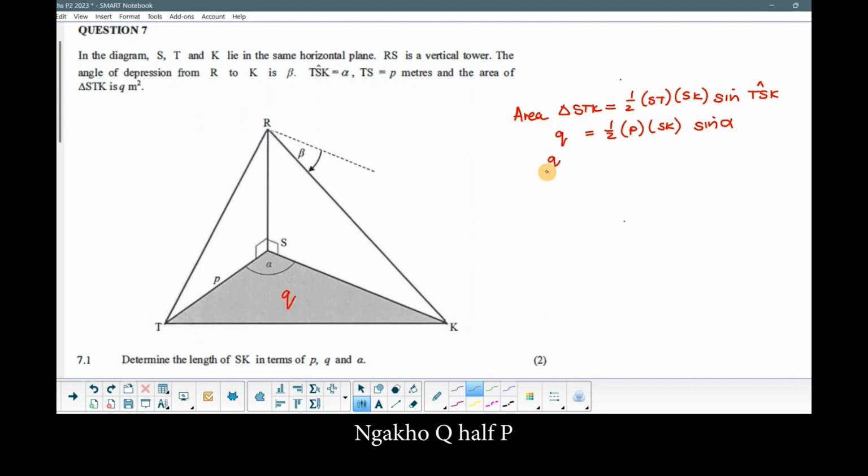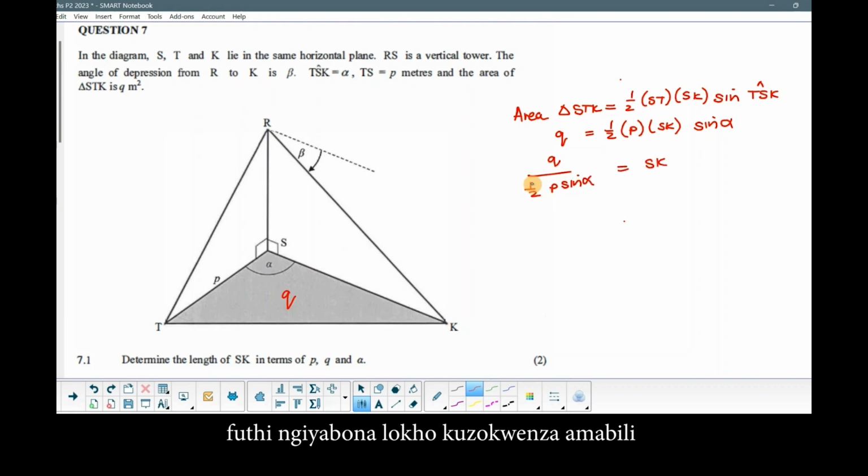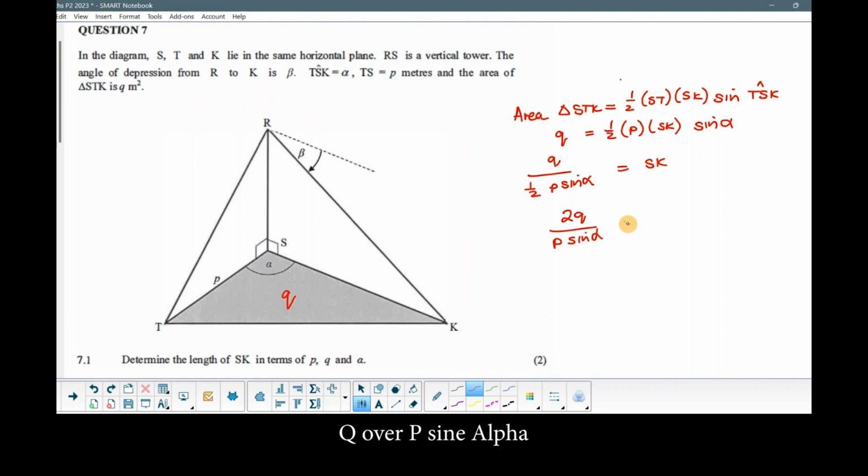So Q over half P sine alpha is equal to SK. And to neaten up, I will flip and multiply to give me 2Q over P sine alpha is equal to SK. And that's your answer.